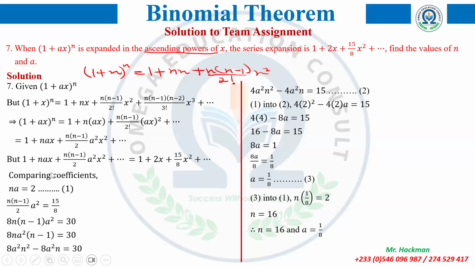So at this point, you compare coefficients. Obviously the constant term here is 1, and this is also 1. So the coefficient of x here, which is na or an, if you like, will be equal to the coefficient of x here, 2. That gives me my first equation. I've told you, before you label your equation, check if you can clear all fractions and brackets and reduce it.